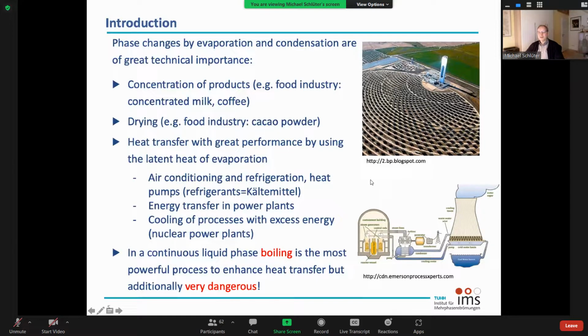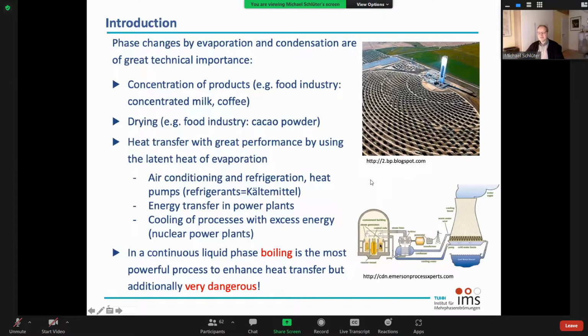But even for renewable energies, here you see this solar tower in Almeria in Spain at the Plataforma Solar, where sunlight is bundled here on this very, very hot spot. And in this hot spot here, we have an evaporation of water as well. Yeah, so it's the same system, the same idea.